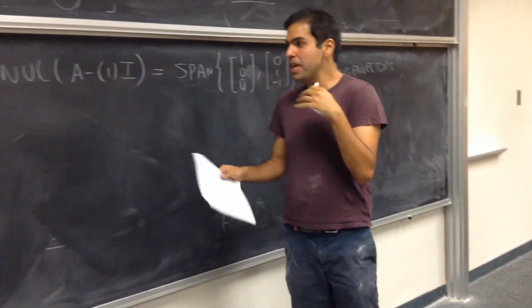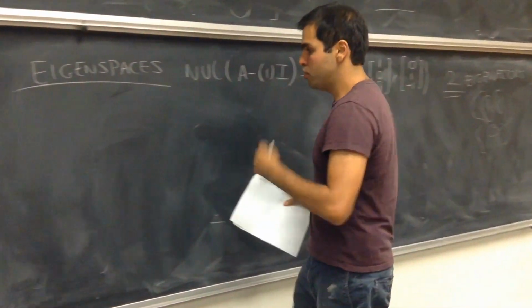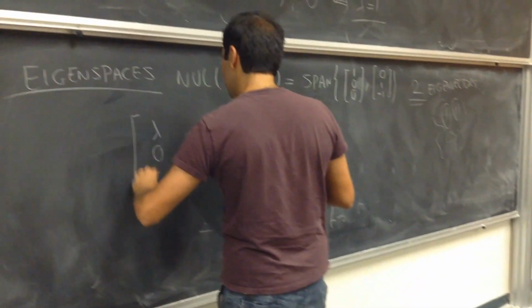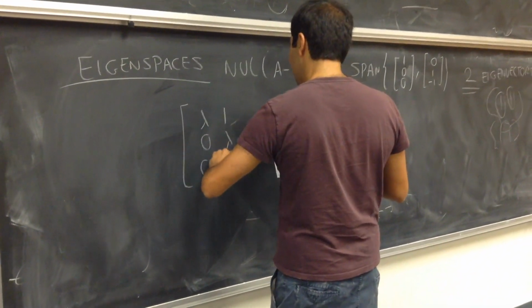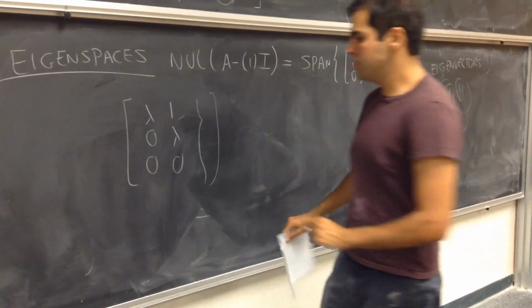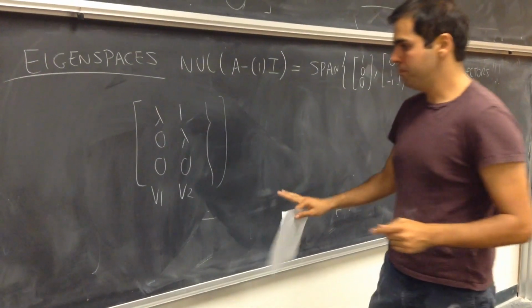But now let's maybe analyze this Jordan form a little bit. So suppose you can put a matrix in this form. Let's say lambda, 0, 0, 1, lambda, 0, and whatever, some junk here. And suppose the first vector is v1, and the second vector is v2.